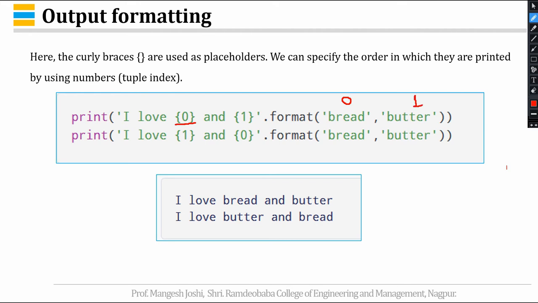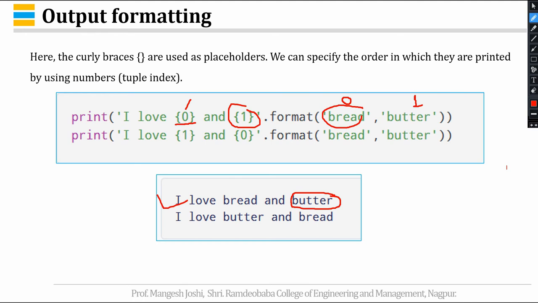So what I am printing: print in single quote 'I love', then placeholders, and inside it there is index 0, and the second placeholder having index 1 inside it. So 0, what will it print? I love bread, because this stands for 0, bread stands for 0. Then the second placeholder, butter, so I love bread and butter.